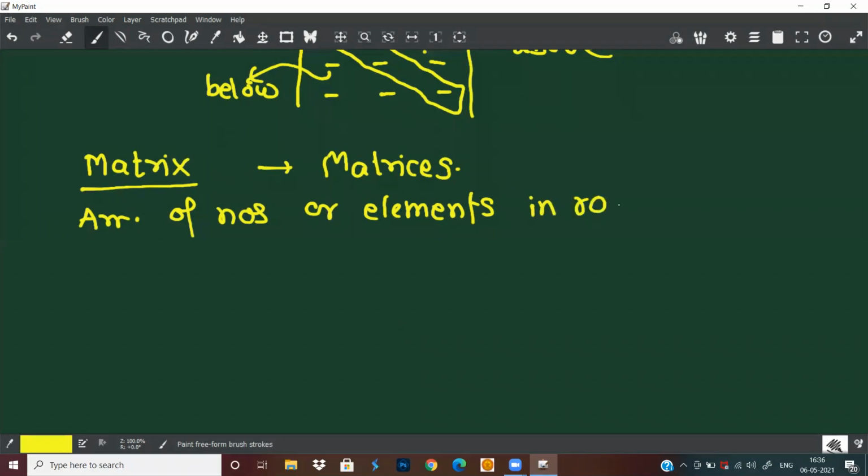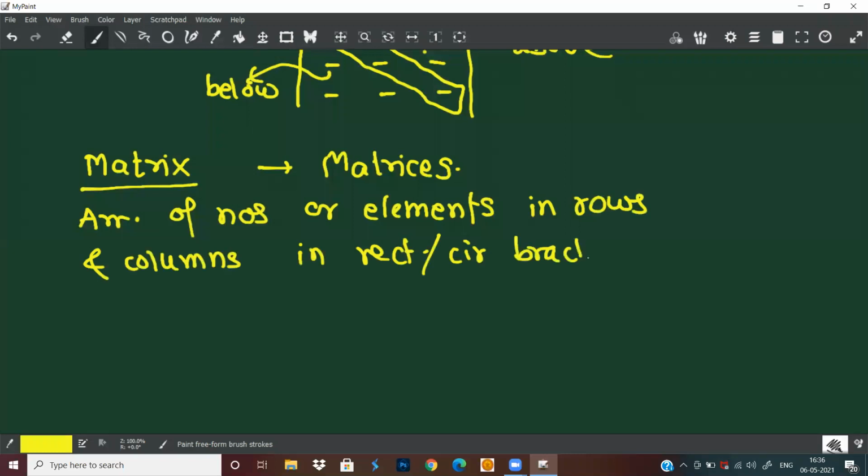Arrangement of numbers in rows and columns, in rectangular or circular bracket. We use up to 12th standard only rectangular bracket.